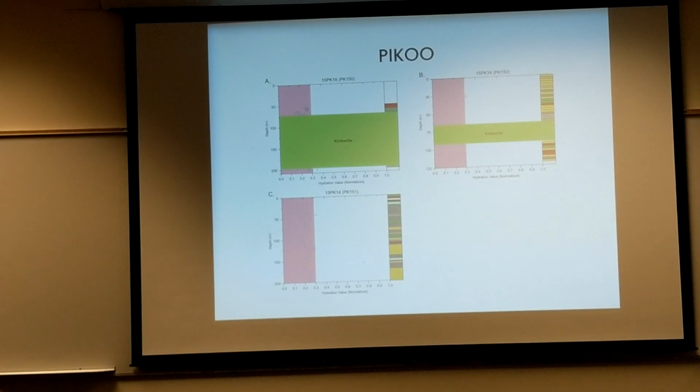The reason is that the kimberlite has to be a certain size to make enough of a hydration zone around it, this hydration halo. For example, we didn't see anything around Snap Lake. It did not extend around Snap Lake. Kelvin Sheep doesn't have anything extending from it. And around Piku, you don't see a hydration halo either. All of those are similar in the sense that they're smaller than 30 meters.